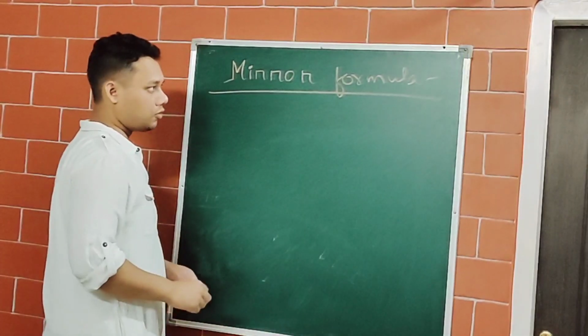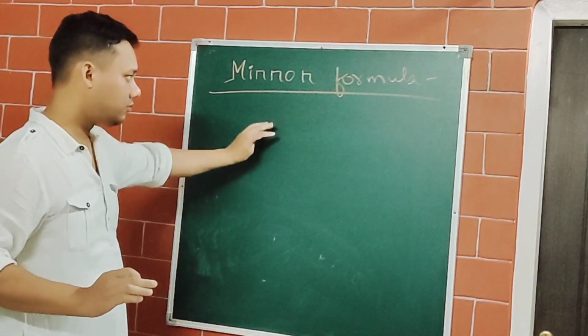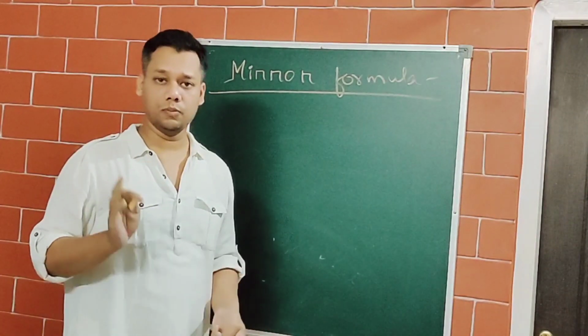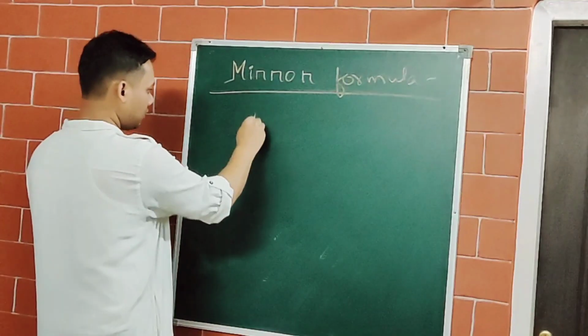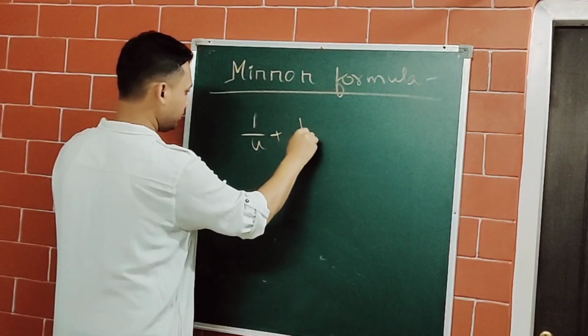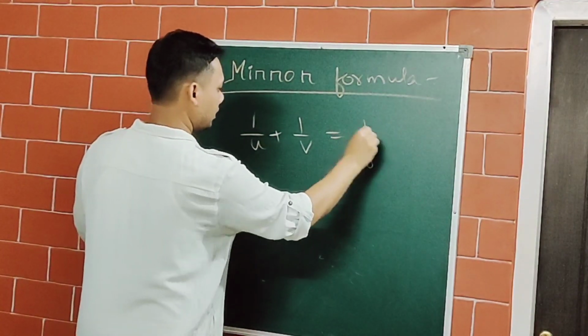So what is the mirror formula? The mirror formula I am going to write is useful for both concave and convex mirror. It's 1 by u plus 1 by v is equal to 1 by f.